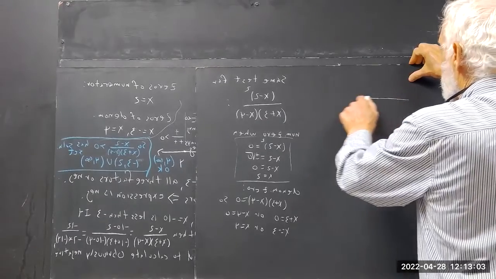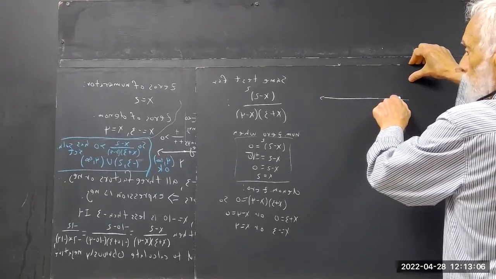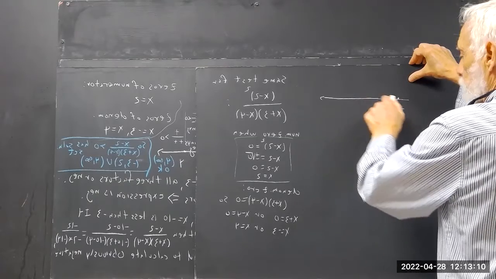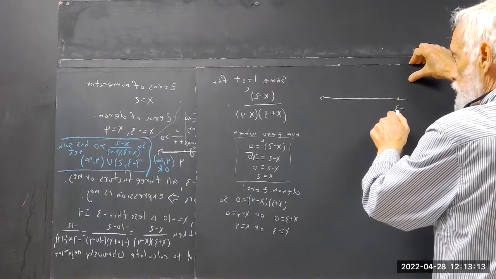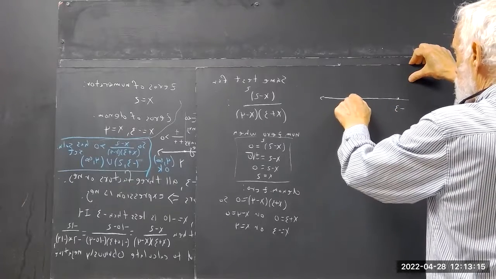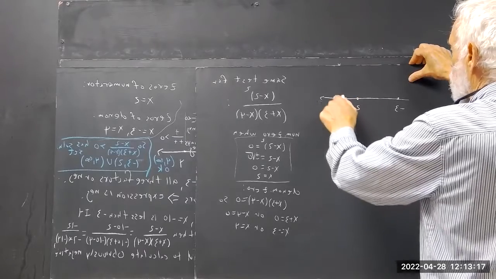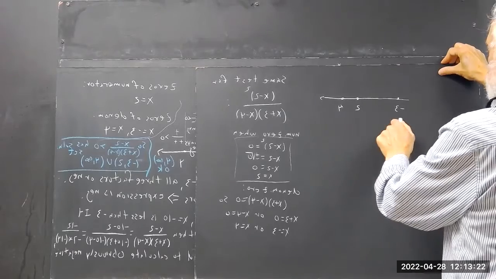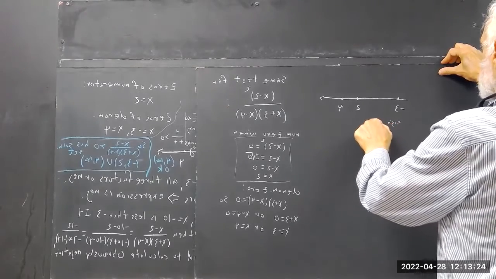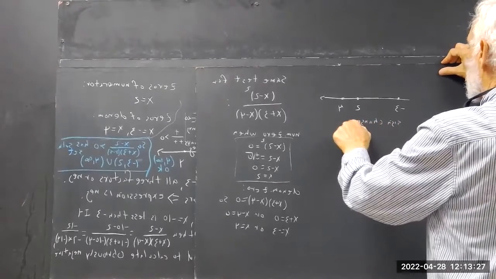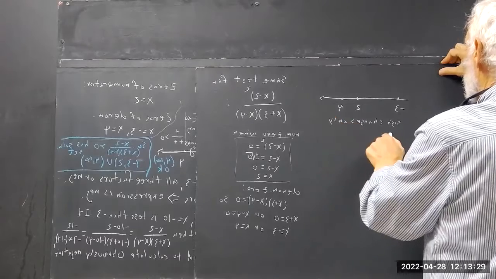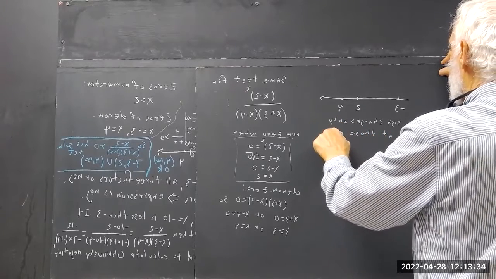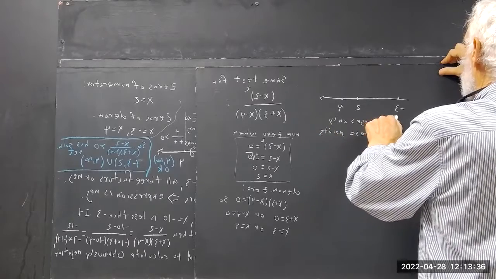So now we get the points -3, 2, and 4. Sign changes only at these points.